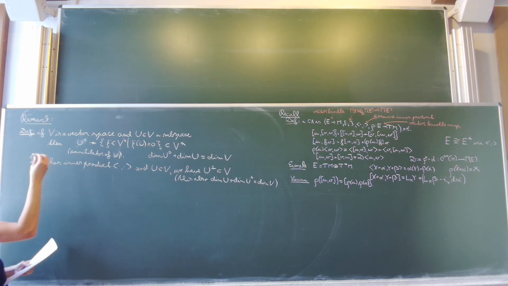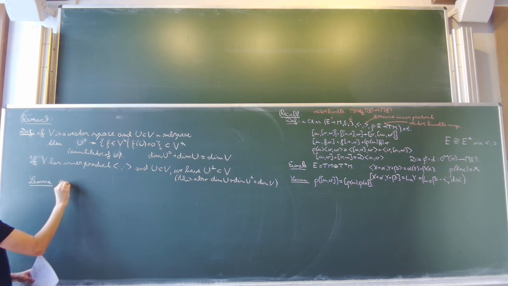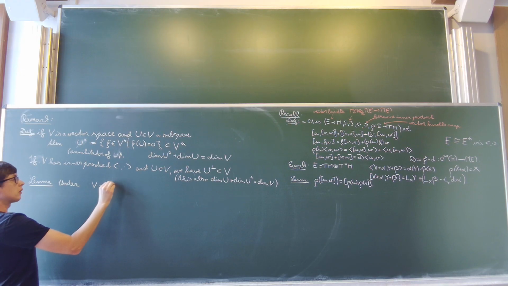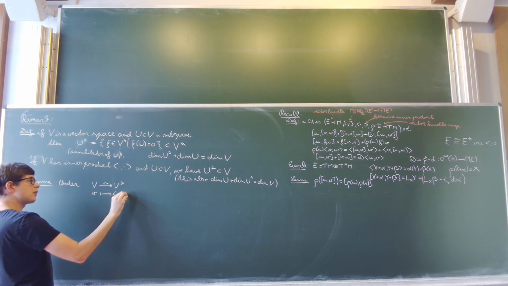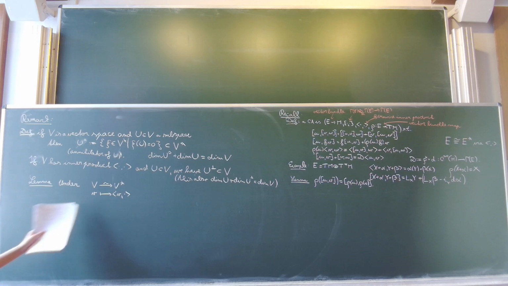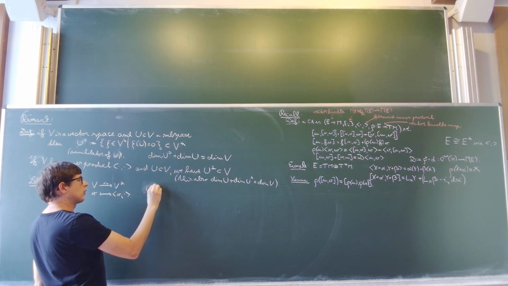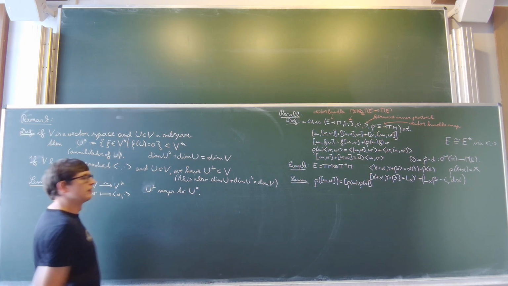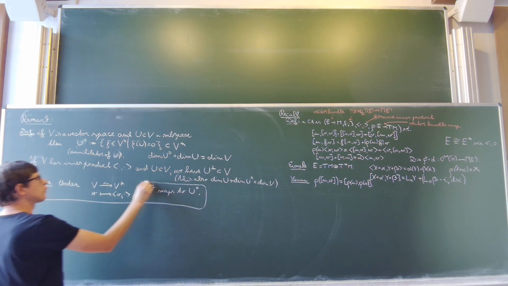It's probably not even worth calling it a lemma: under the identification of V with its dual using the pairing, so the pairing induces an isomorphism between V and its dual, recall everything is finite dimensional here, under this identification U perp maps precisely to the annihilator. This is how the two notions are related.